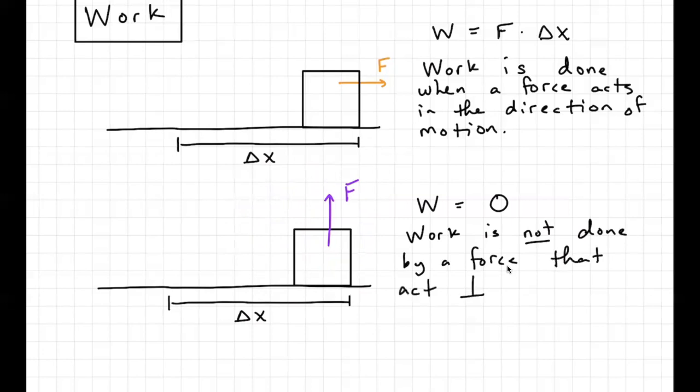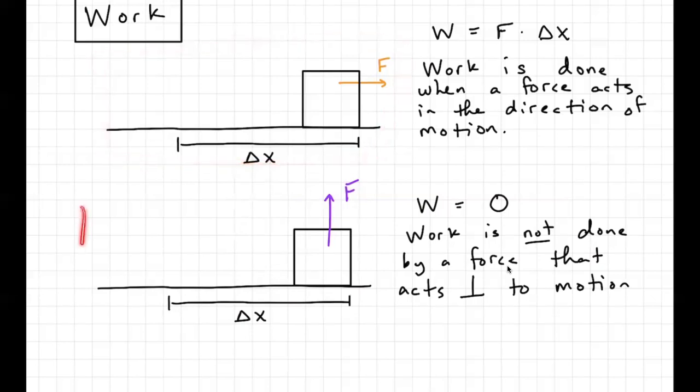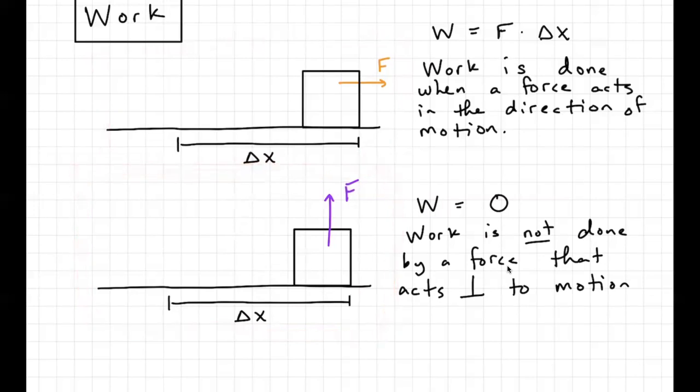I'll write this little perpendicular symbol, acts perpendicular to motion. So in the first case here, we had work done because the force was acting in the direction of the displacement. In this case, we had no work done because the force was acting perpendicular to the displacement.